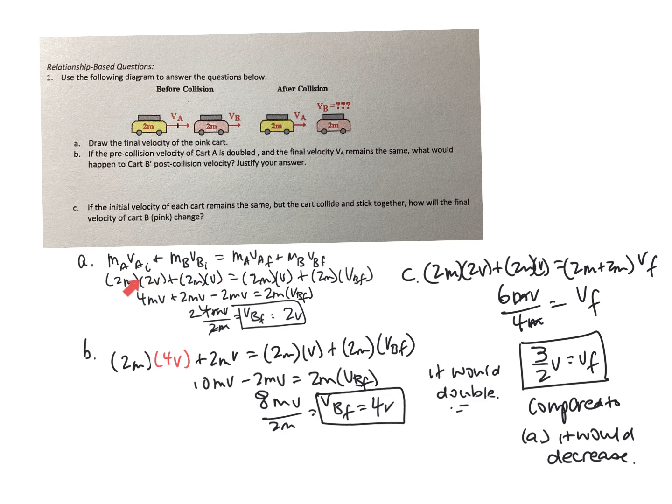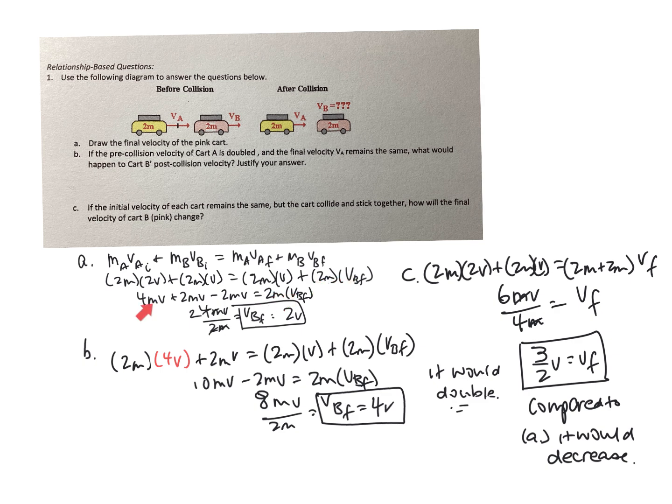So this is how I'd represent the two momentums before. Afterwards, I have 2m and v, and then I have the pink car, which is 2m, and then some unknown v. And then I go through the math, the algebra. 4mv plus 2mv, I subtract this to the other side, so that's where I get these guys, leaving me with just this on the right-hand side.